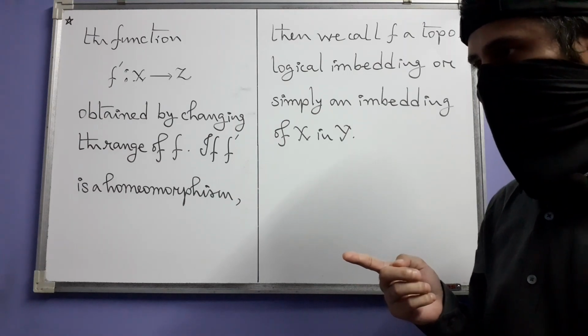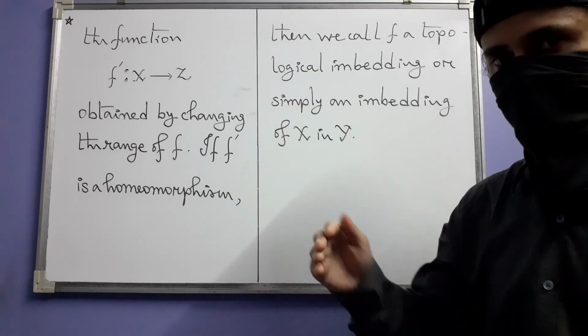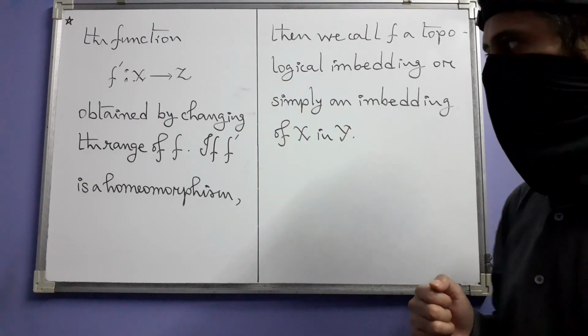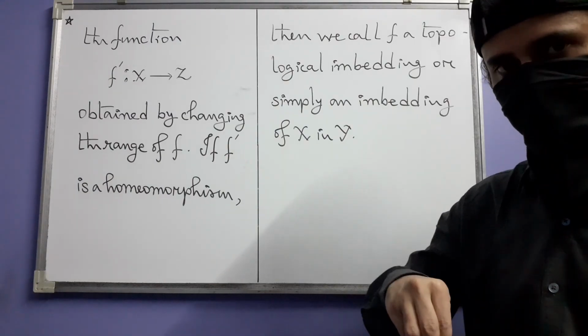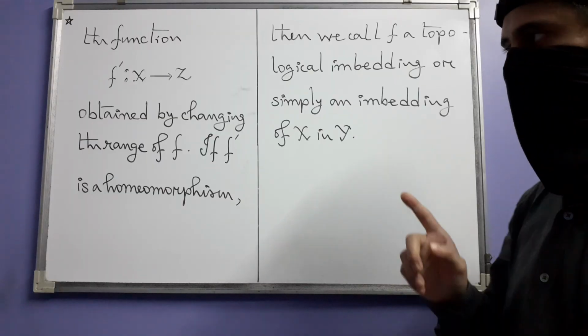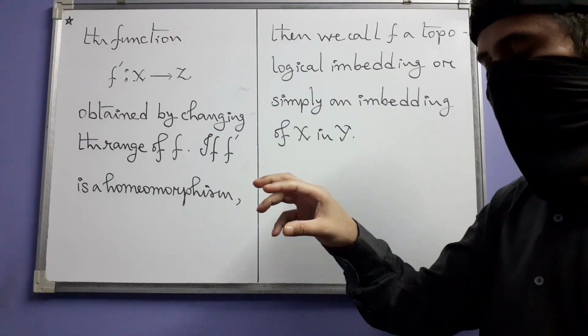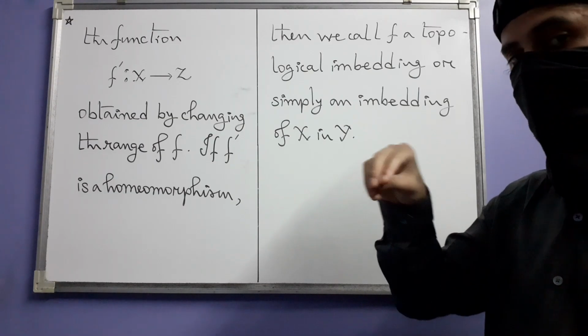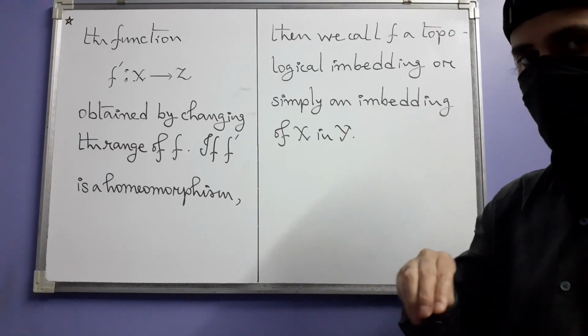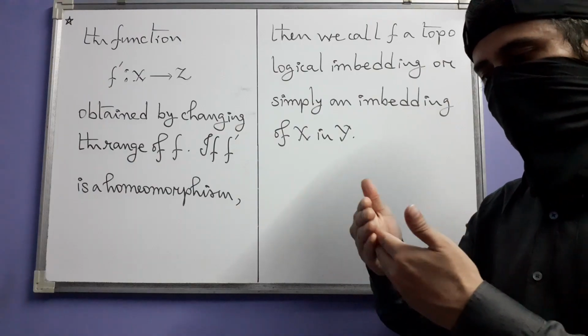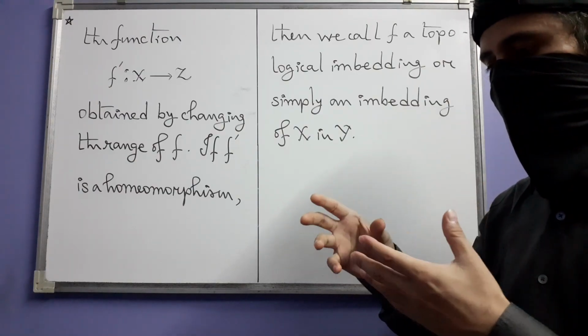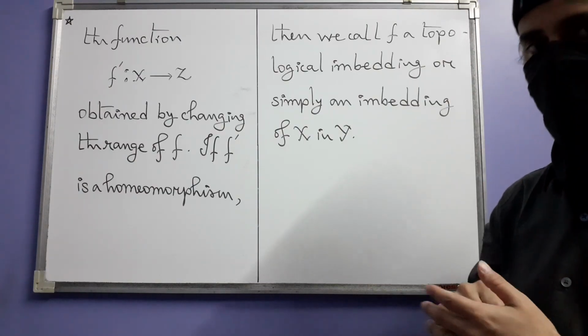Now if that function is an isomorphism, then the two groups G1 and its image become isomorphic. So in that sense, you have found an isomorphic copy of G1 inside G2, and if you do not distinguish between those two copies, you can say that G1 is a subgroup of G2.